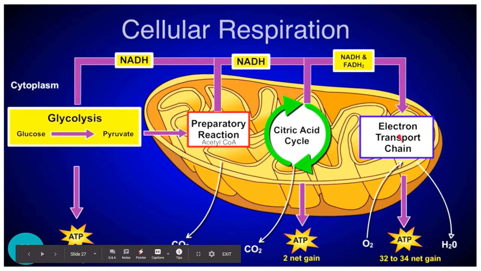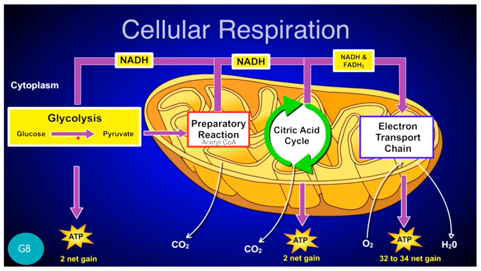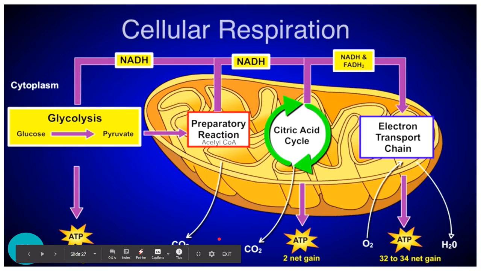And then in the electron transport chain, this is where oxygen is used, and this is where water is also produced as a byproduct, to harvest around 32 to 34 net gain of ATP. So that is just from one single glucose molecule. So we can get all this amount of ATP, or energy molecules.